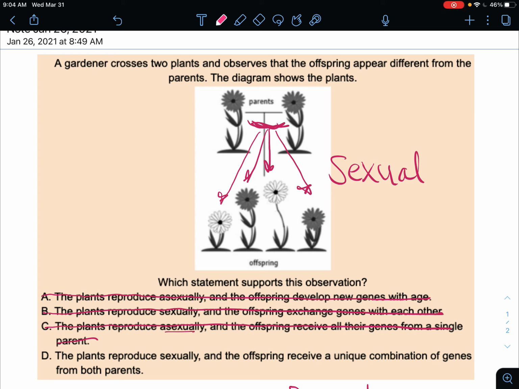Let me go back here. Be careful when you're reading these questions, because here it says the offspring exchange genes. Maybe you just saw exchange genes and got excited and thought that's totally the answer. No. Read it carefully. The offspring themselves are not exchanging genes with each other. So this is not going to be our answer. Our answer is going to be D because the offspring receive a combination of genes from both parents.